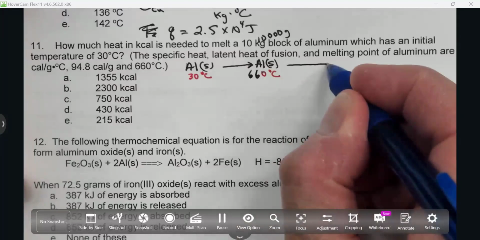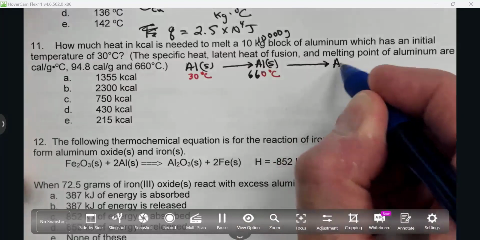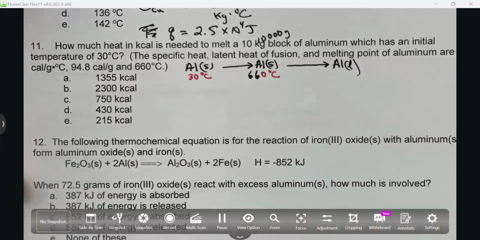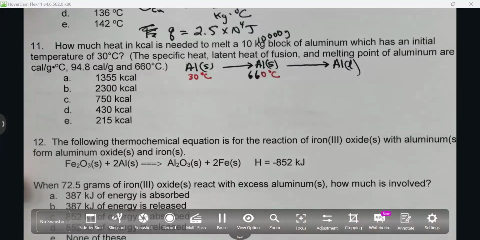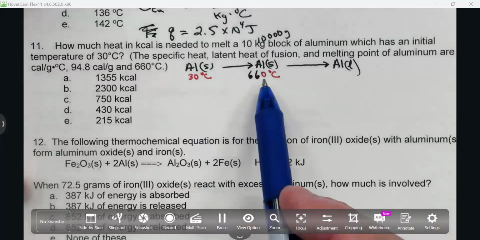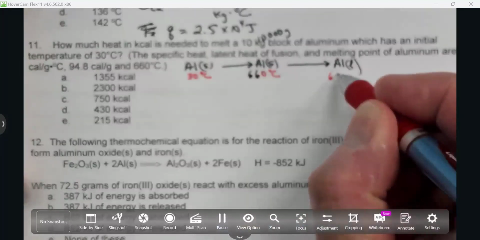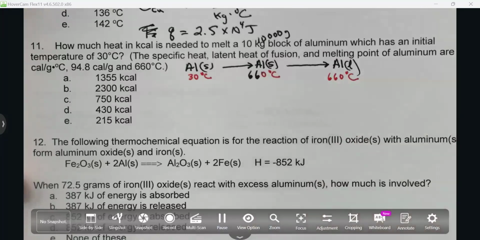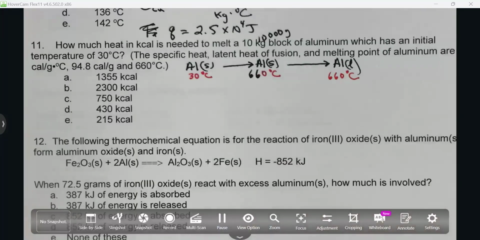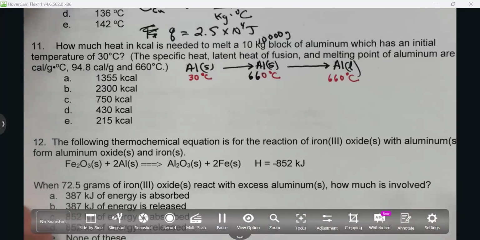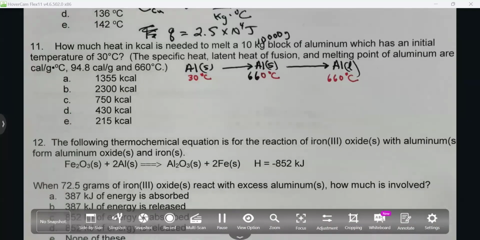Then we got to turn it into aluminum liquid. Right? We got to get it from 30 to 660, and then we got to melt it. That's still going to be 660 degrees melted. So it looks like we've got two. All we're going to do is melt it, right?